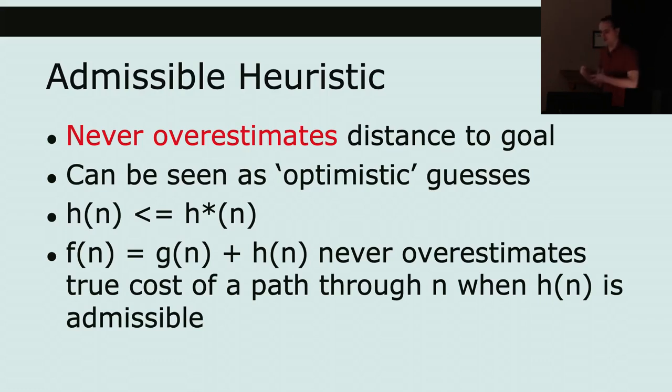So if I've come so far, that's g of n, and I have h of n left to go, and I know that h of n will never overestimate, then g of n plus h of n will never overestimate the true cost of that path. And that fact is going to come back in a minute to help us.